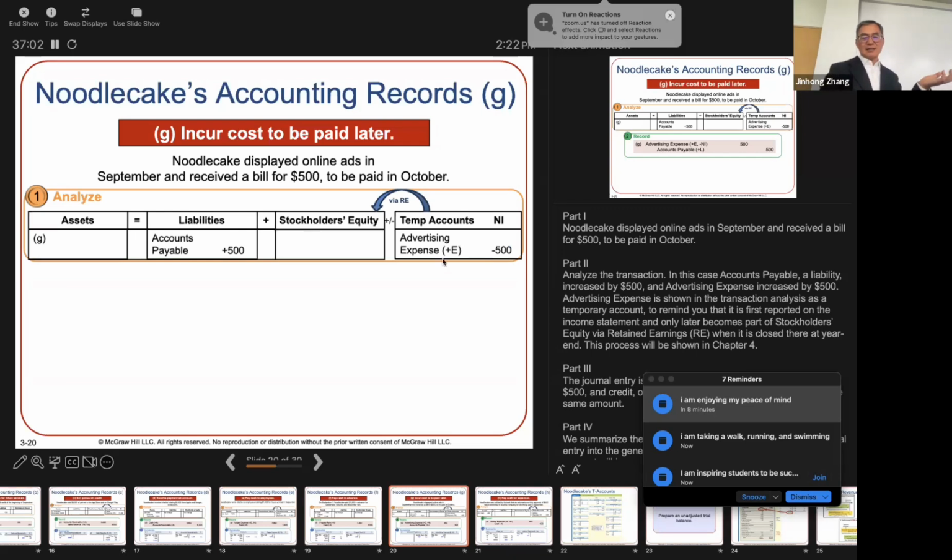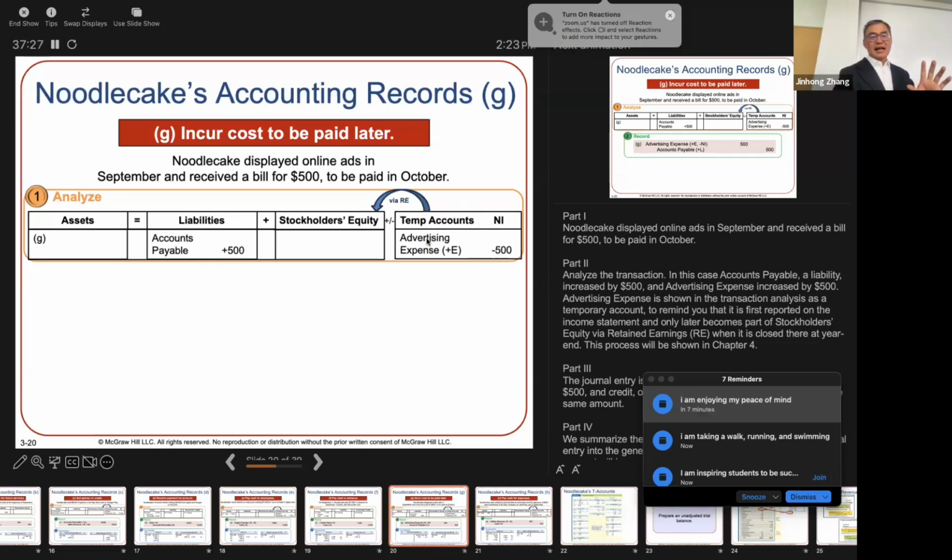This is a bad example. It's confusing. So this is net income reduced $500, but what it did is advertising expense increased $500. Okay, so this is McGraw-Hill. I don't think it's a good idea to do it this way. They basically say net income reduced $500. So what they wanted you to think is this is a temporary account.